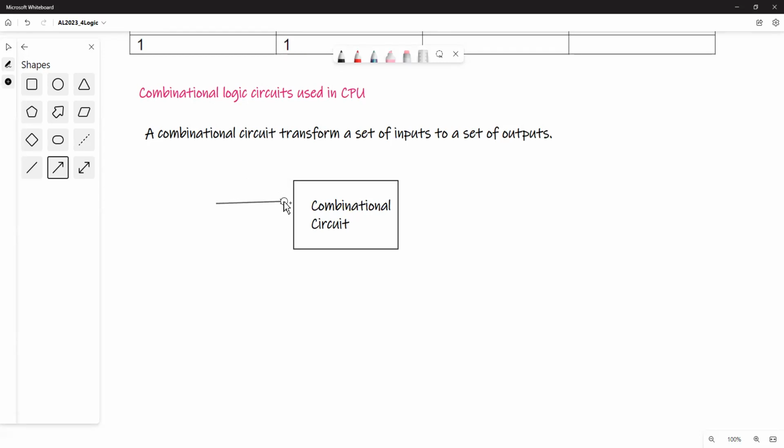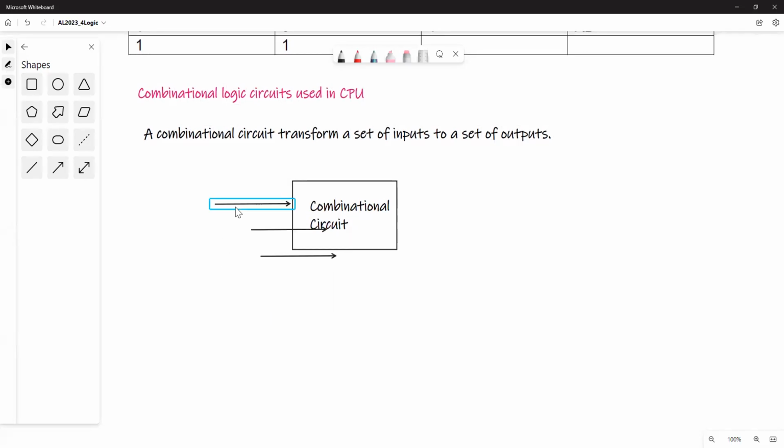We have a bunch of inputs. Right? So you will have a set of inputs to this circuit.